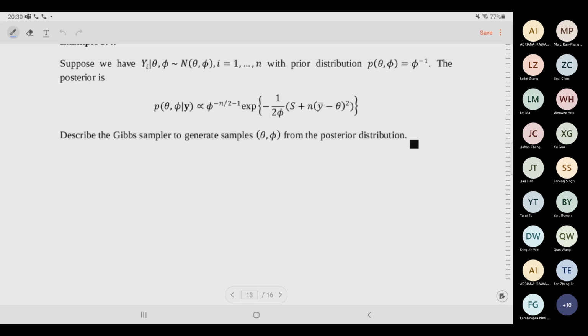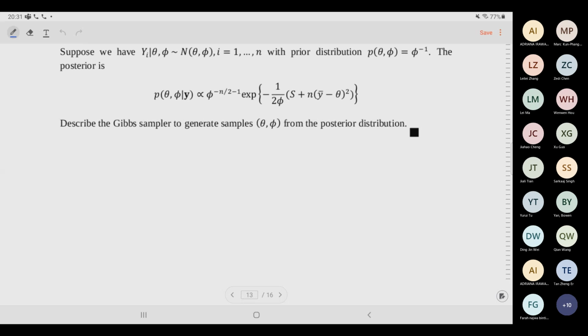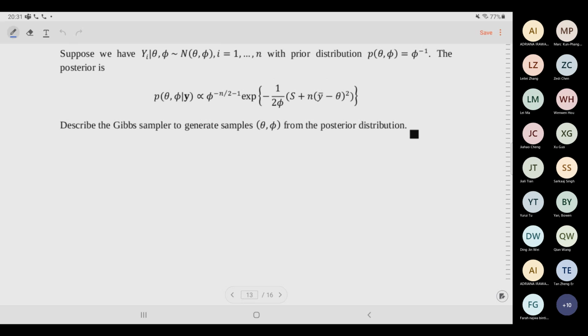Okay, so how we do this is, first we have to find the conditional posterior for each parameter. What is the conditional posterior? Because here we have two parameters, theta and phi, we're going to have two conditional posteriors.